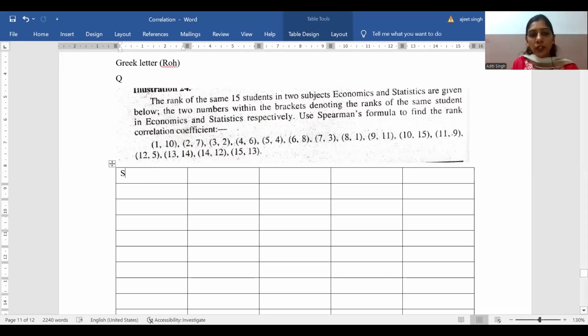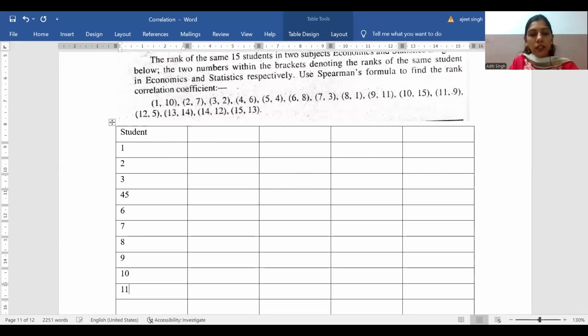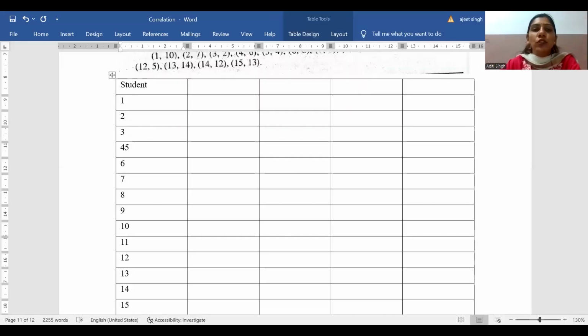As in the question there are 15 students, so 11, 12, 13, 14 and 15. There are a total of 15 students in the class.